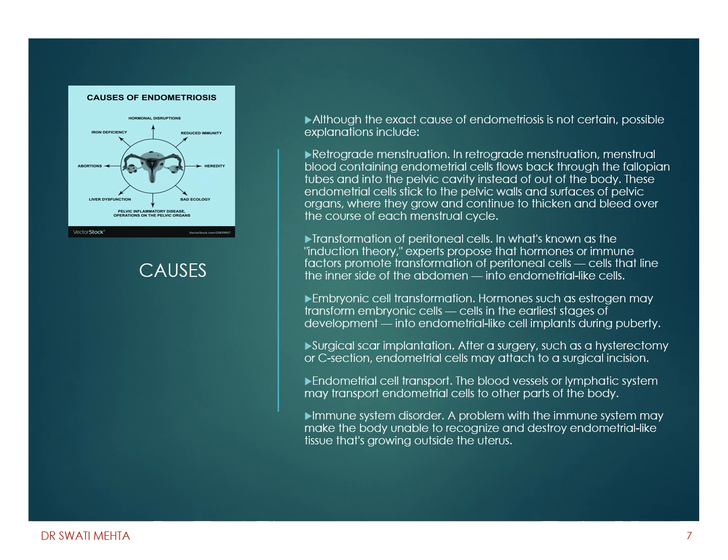Although no single theory explains every case, retrograde menstruation combined with genetic, hormonal, and immunological factors is currently the most widely accepted explanation.